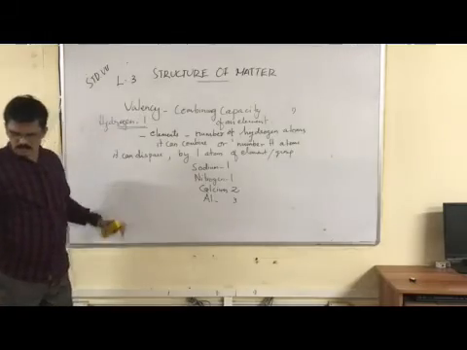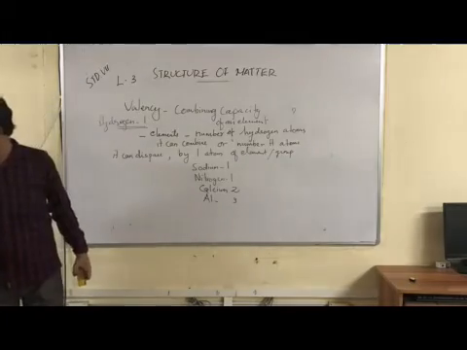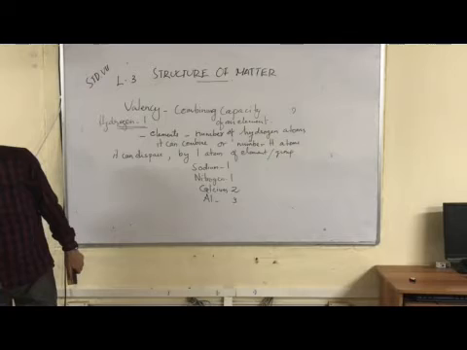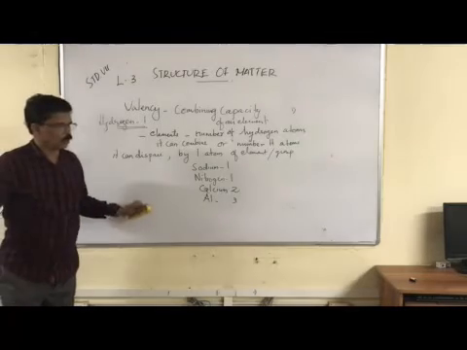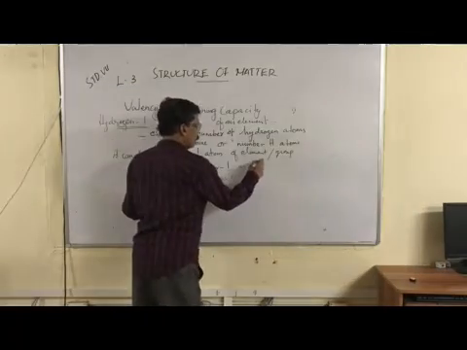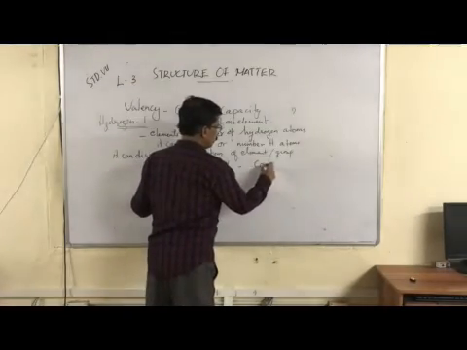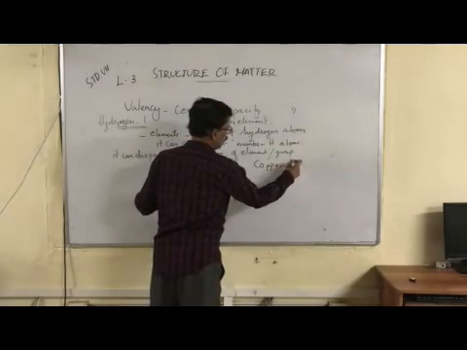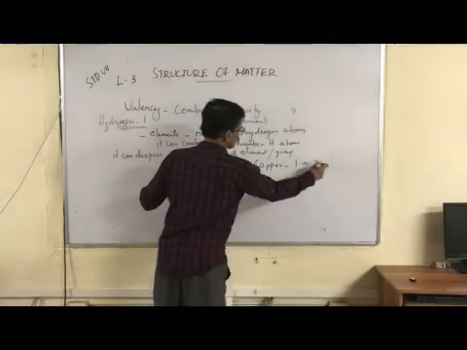But you can understand the valency of some elements may be variable. They may have more than one valency. For example, copper 1 or 2 and iron 2 or 3. Copper, C-O-P-P-E-R, valency is 1 or 2.